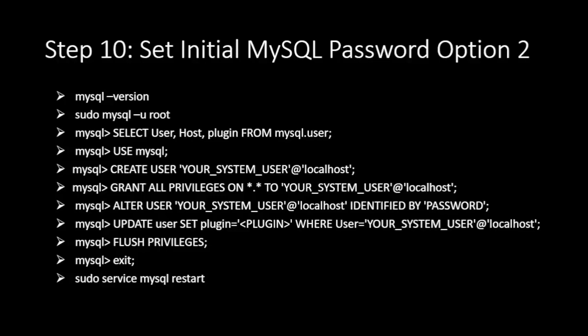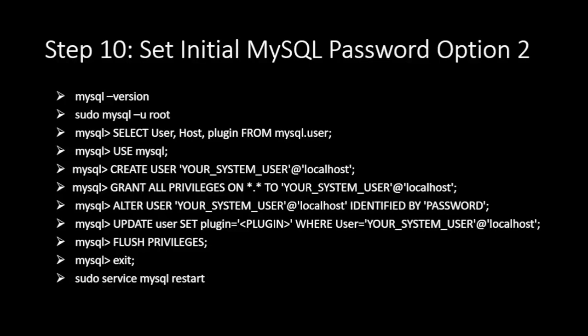Then here, the difference is you're going to say create user, your username that you use to log in to Ubuntu with, at 'localhost'. You're going to grant all privileges to your system user at localhost. You're going to set your password by typing alter user, your username at localhost, identified by the password that you set.